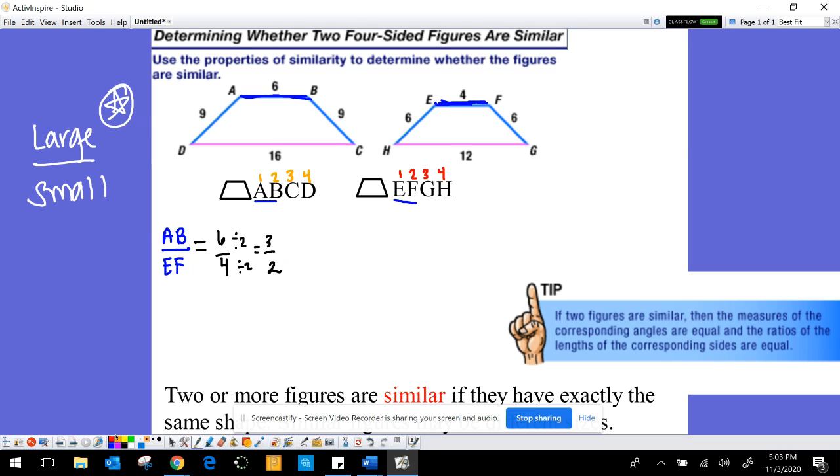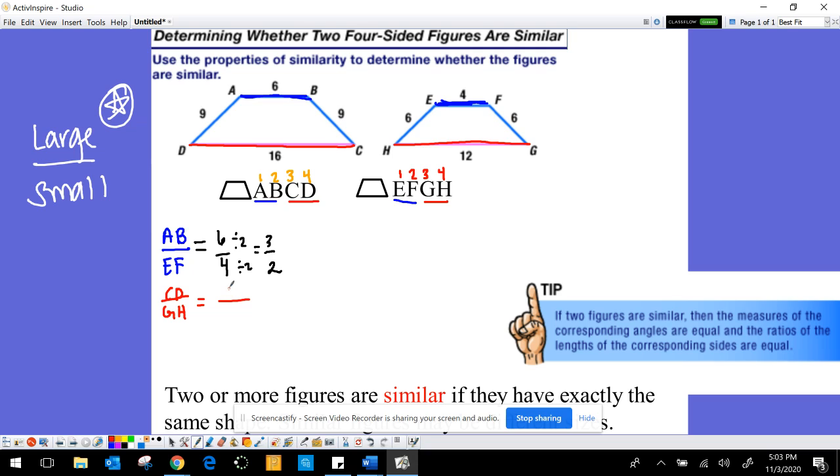Now let's look at the next pair of corresponding sides. Let's look at CD, the third and the fourth letter, would correspond to GH, the third and the fourth letter. So we have CD, the base, corresponds to GH, which is also the base. So we'll do CD, which is the large shape, and then GH from the smaller.